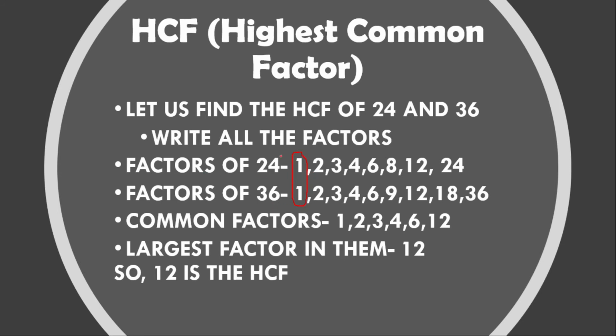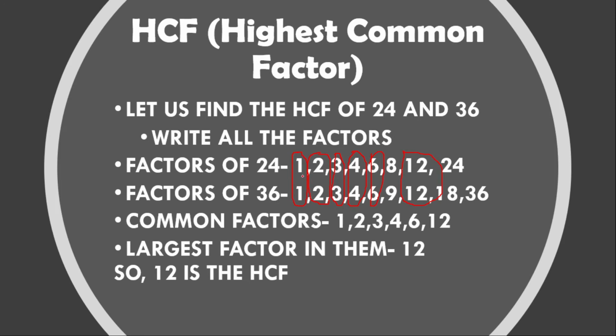So let us underline 1. Now 2 is also repeating, so it's a common factor. Then 3 is also repeating, so 3 is also a common factor. 4 is also repeating, 6 is also repeating, 12 is also repeating, and that's all.